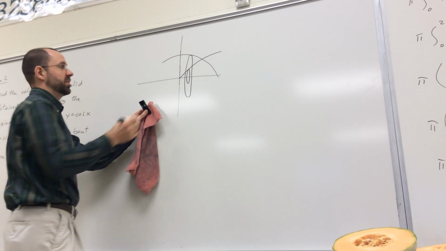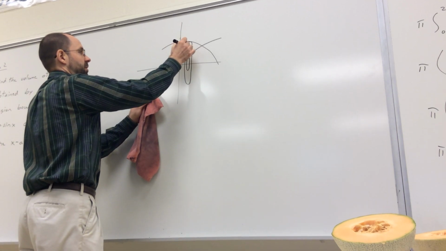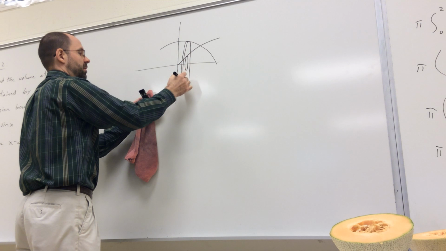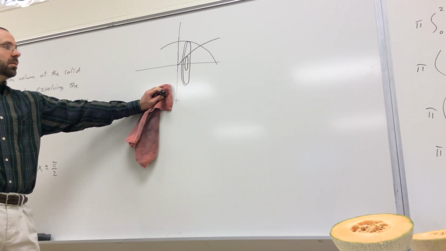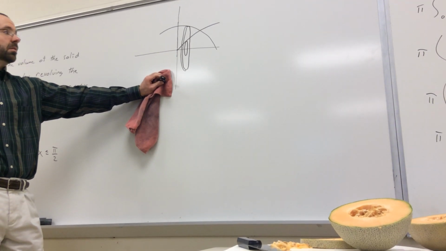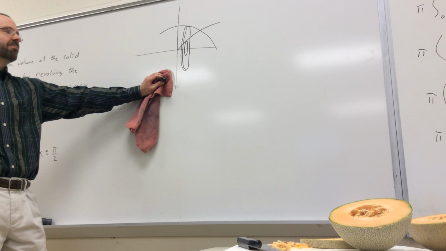So there's my inner slice. Yes. Is that like a smaller circle with the radius? Is that always going to be that?